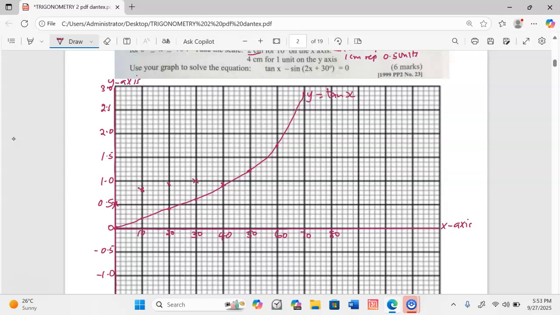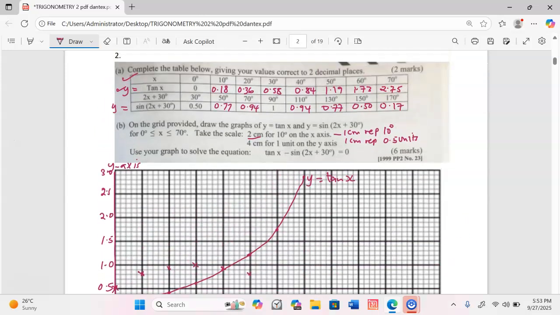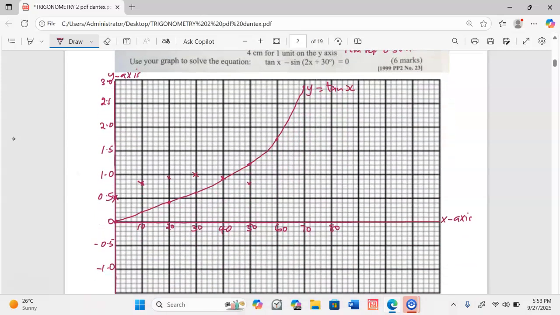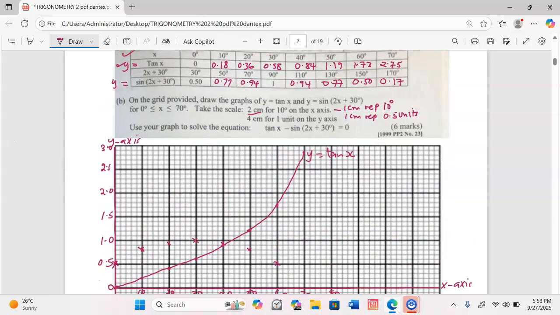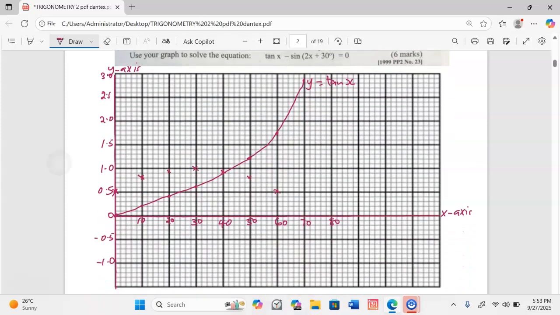At 60, we are going to have 0.5 here. At 70, finally, we are going to have 0.17, which is approximately 0.2 at this point.